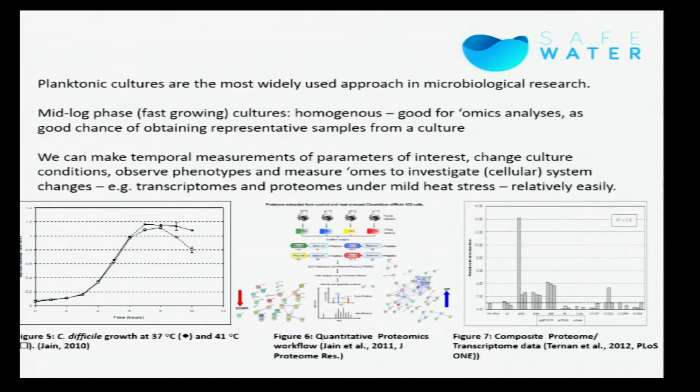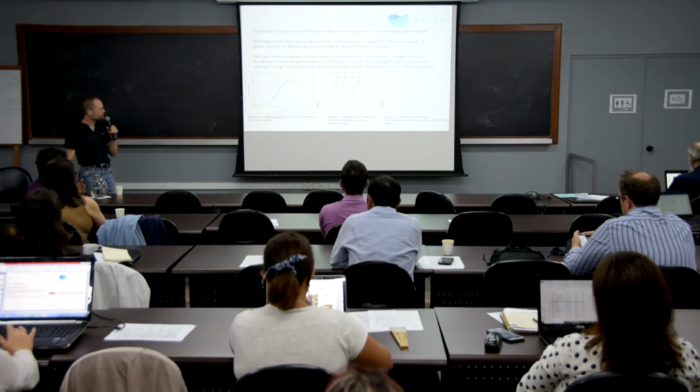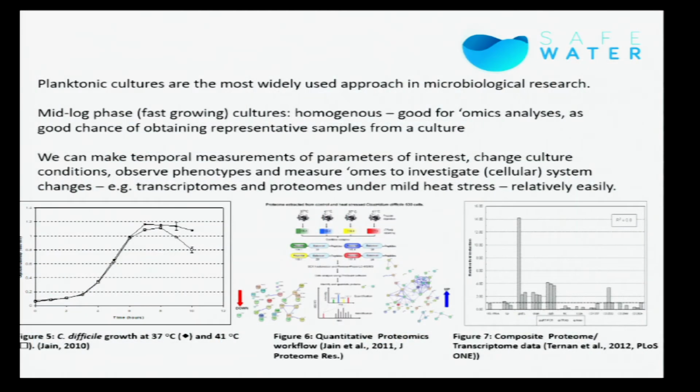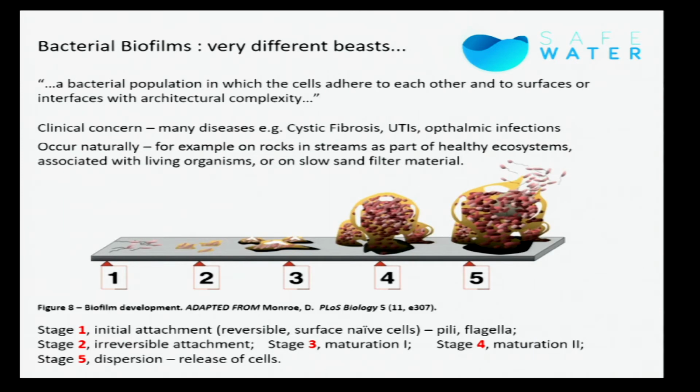This colourful and complicated and very tiny figure is what we then did, and we did proteomic and transcriptomic analysis of this mild heat stress and published a few papers, and we can get some composite data from it that shows that for these very carefully selected genes at any rate, the direction and the extent of the change under heat stress is pretty much the same. So this is the sort of thing you can do with planktonic cultures and doing differential and quantitative analyses of different kinds. If we move on to biofilms, however, they're a very different beast.